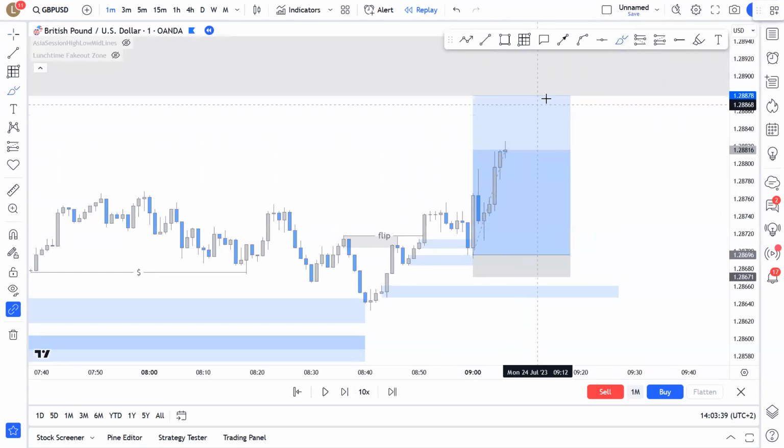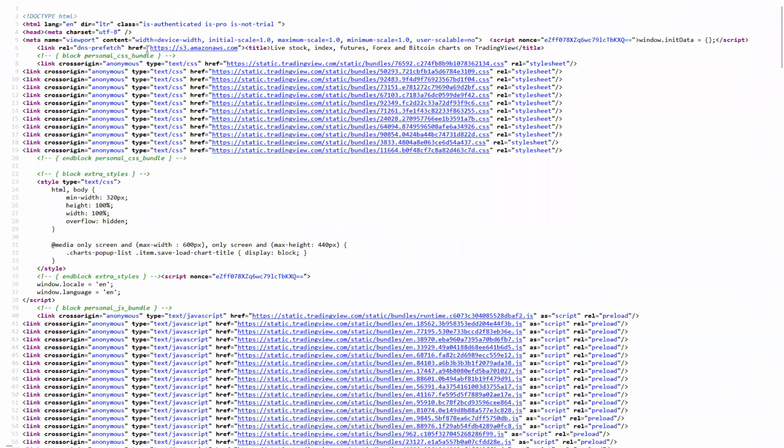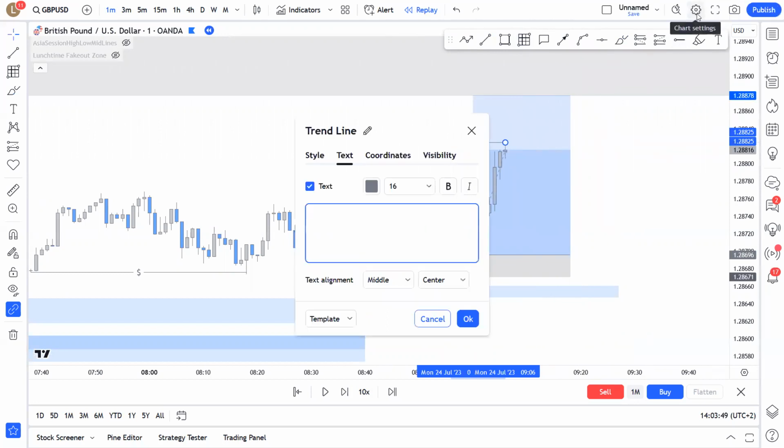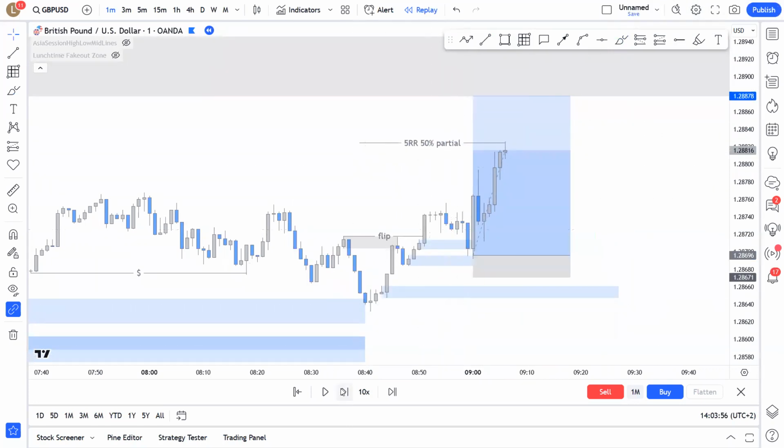I would have removed the whole position and the full TP at 1:7 risk to reward. So I just booked a 5 risk to reward, 50% partial, and that's all about this trade.